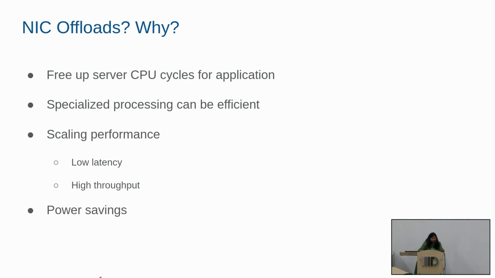The third point here is with these offloads, you will scale the performance. So what I mean is, you will improve throughputs and reduce latencies, which is important. And the most important thing that the cloud providers or anybody in the business cares about is saving money. So offloading to hardware reduces CPU utilization, reduces power requirement, so it reduces the costs in both the ways.